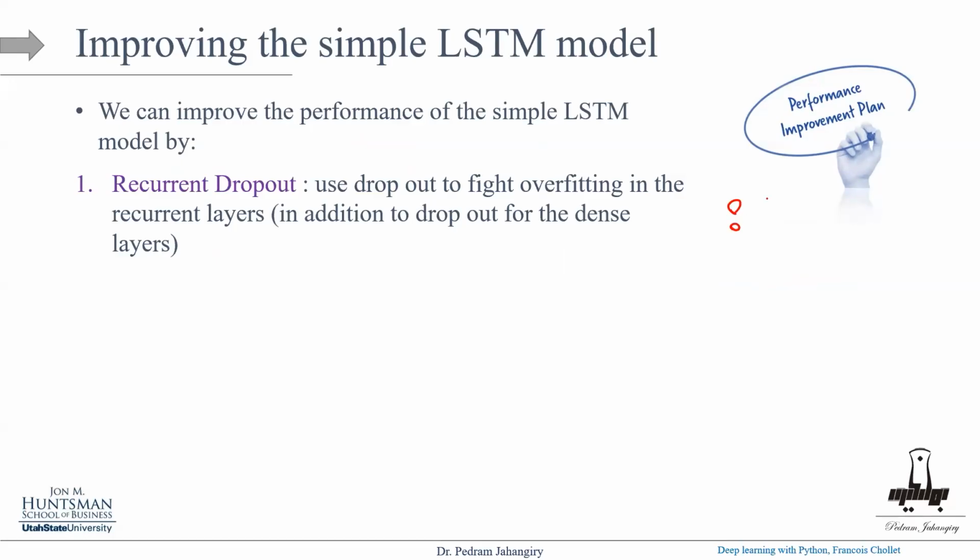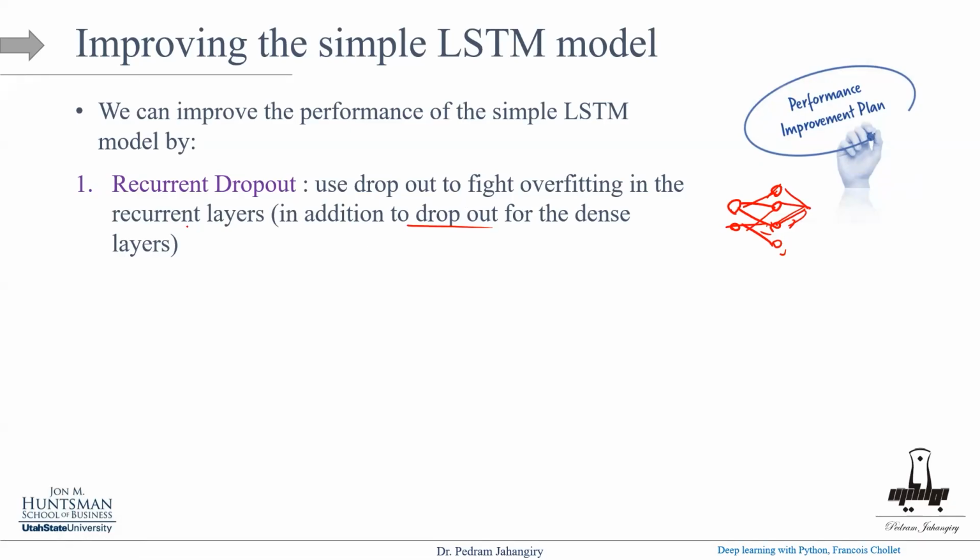The dropout that you know is something like this, and you randomly switch these cells on and off. For recurrent cells, you don't want to. There are two types of dropout.